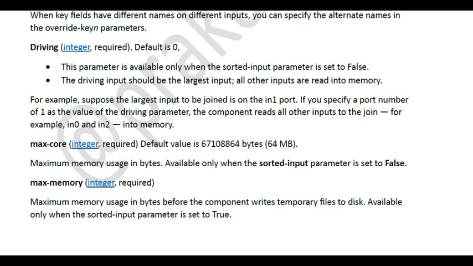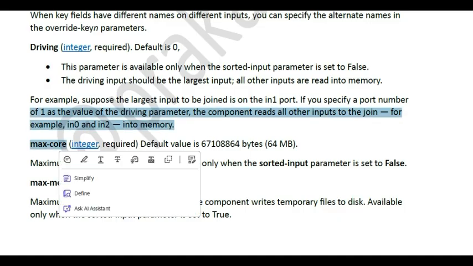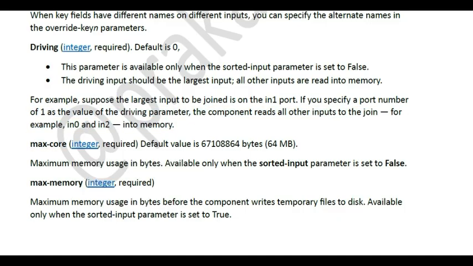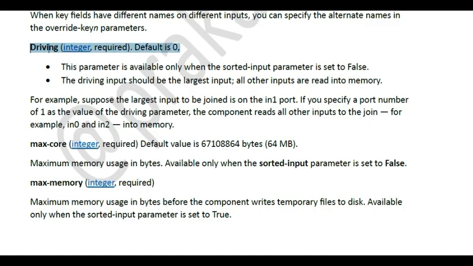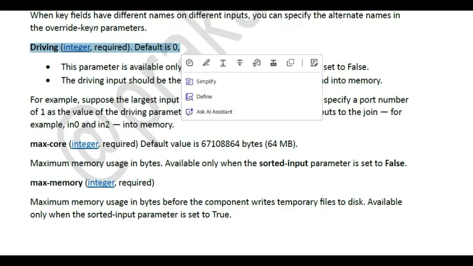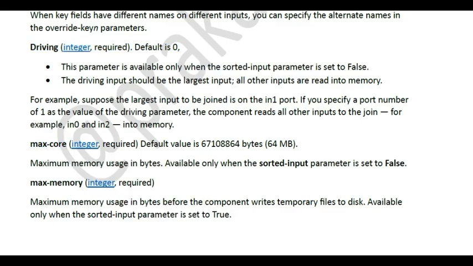What will happen is the join component will join the data from max core. The records are already loaded in max core, so they will be joined with the input coming through the driving port. The driving input will not be loaded in memory, but the rest of the inputs will be loaded in your max core. So this is how the driving port works. If you specify a huge volume of input as the driving port, then performance will be improved.